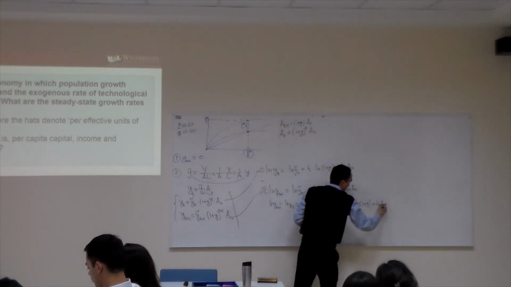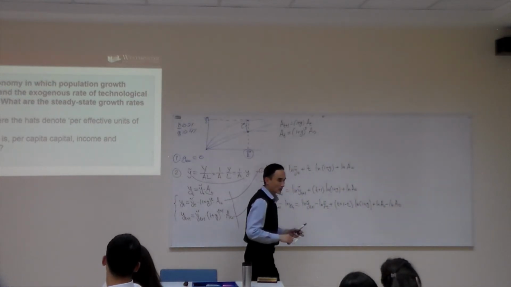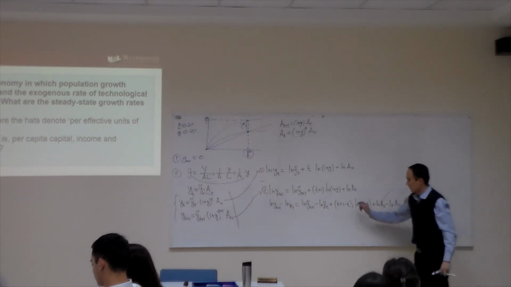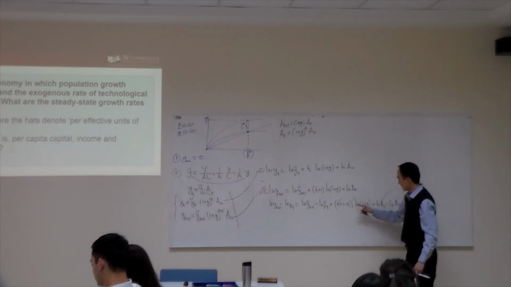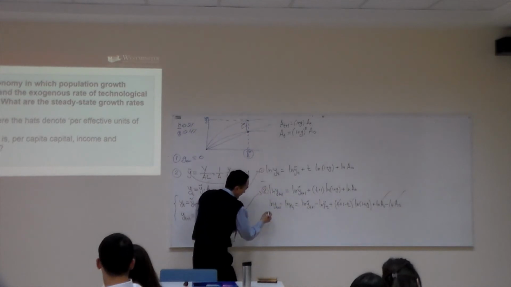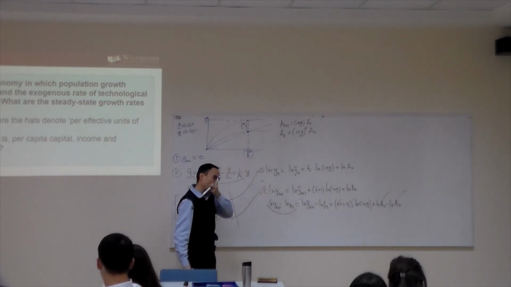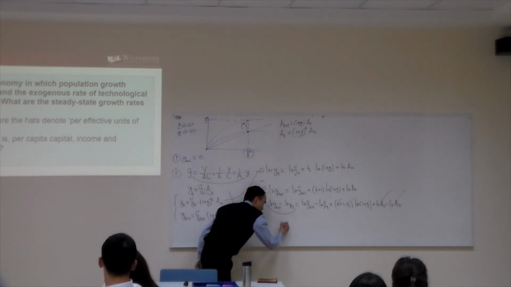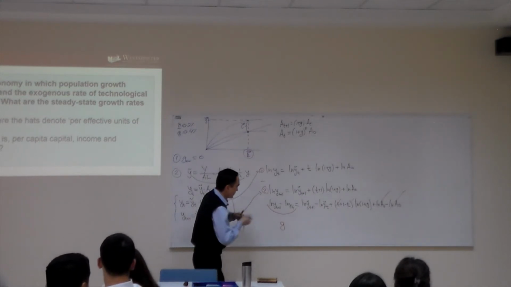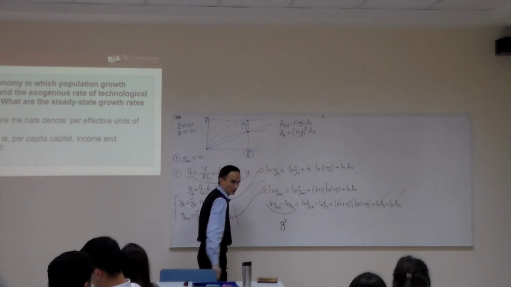Plus ln A0 minus ln A0. So these two ln's are now equal to 0, and these t's will be cancelled out. What we have left is ln(1 plus g), right? So if you look here, what is ln y_(t+1) minus ln y_t equal to? It is the growth rate of output per worker. It will give us that one.